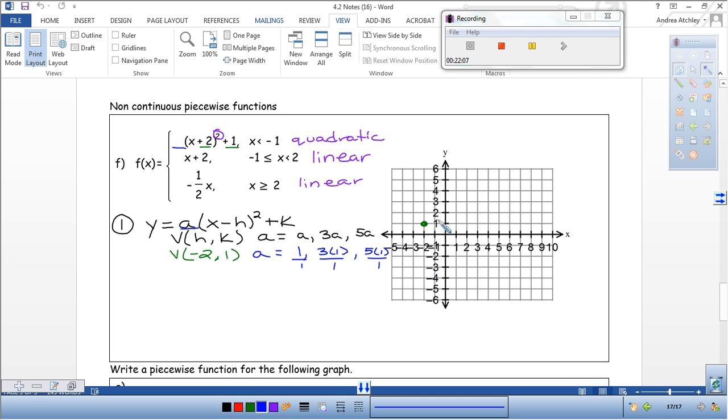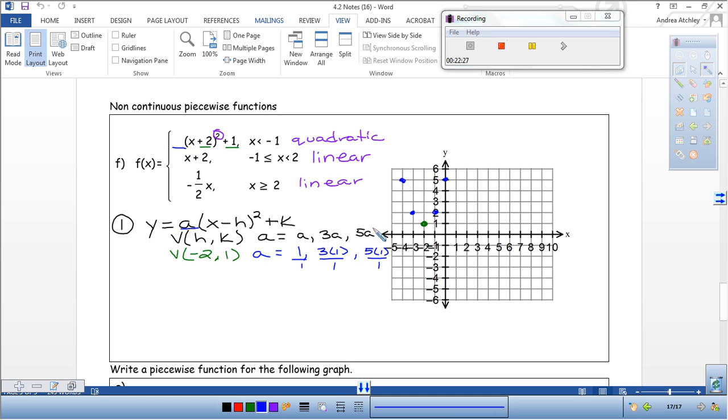So we go over 1 and up 1, up 1 and over 1. Then from here we go 3 times 1 is 3, so up 3 and over 1. And then up 3 and over 1.